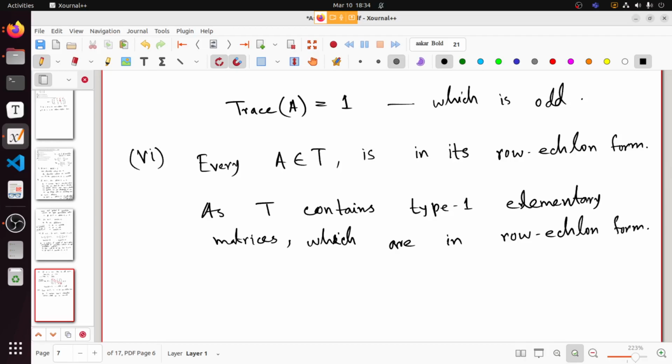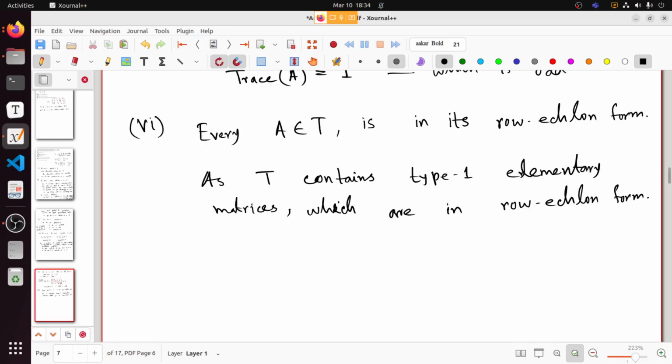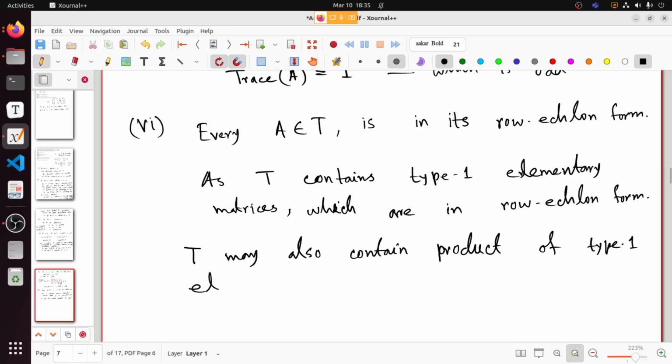And T may also contain the product of type 1 elementary matrices.